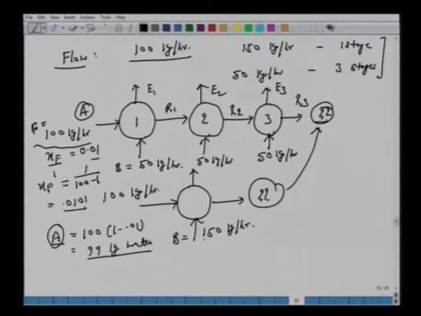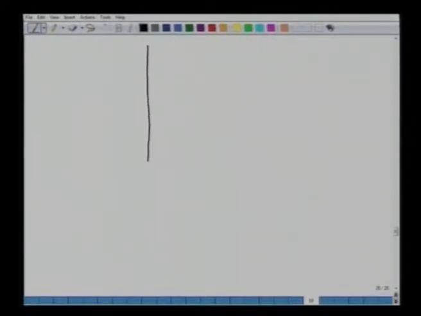So let's see this. So what we do first is we plot y versus x dash. So let's say this is the diagram. This is the equilibrium curve. Okay, and now we should mark this. So what is the feed? Feed is 0.0101.